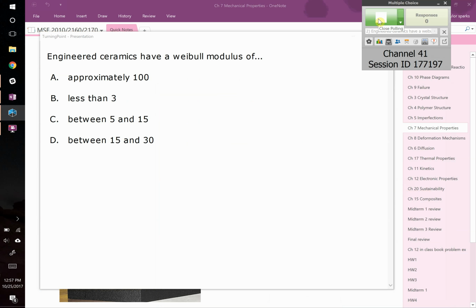Okay, how about this? Engineered ceramics have a Weibull modulus of approximately 100, less than 3, between 5 and 15, or between 15 and 30? Okay, just another few seconds, get your answers in.